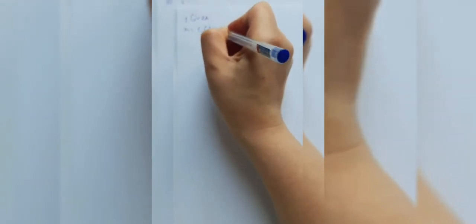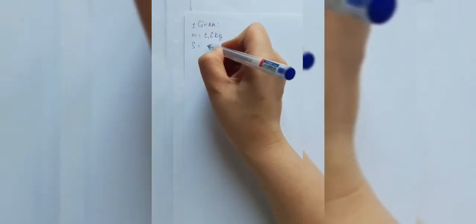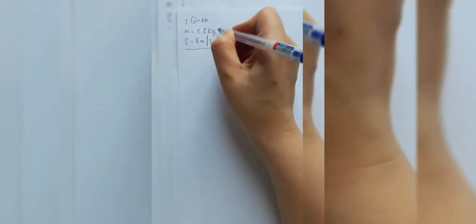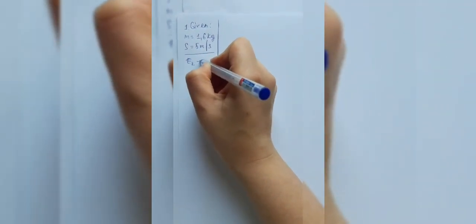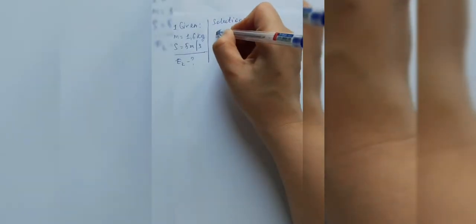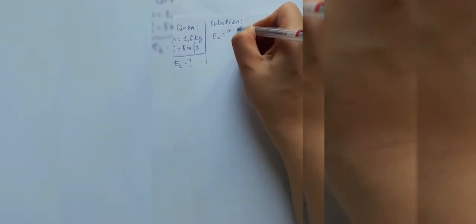So let's solve next problems. Students, next problem. Given for us. First problem. Given for us, mass is equal to 1.6 kilogram. Speed is equal to 5 meter divided second. We must find kinetic energy.